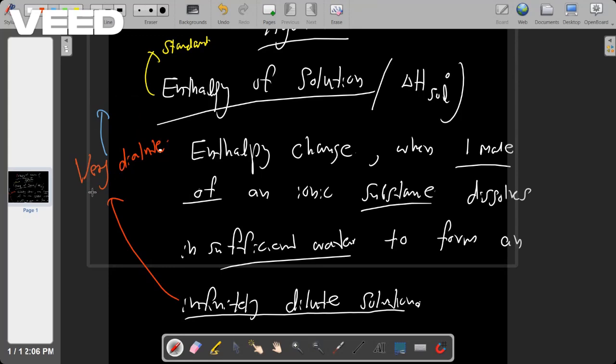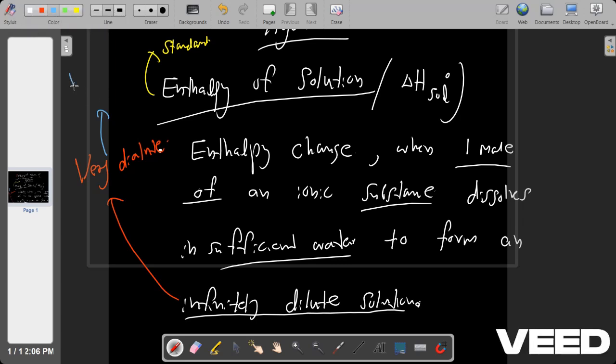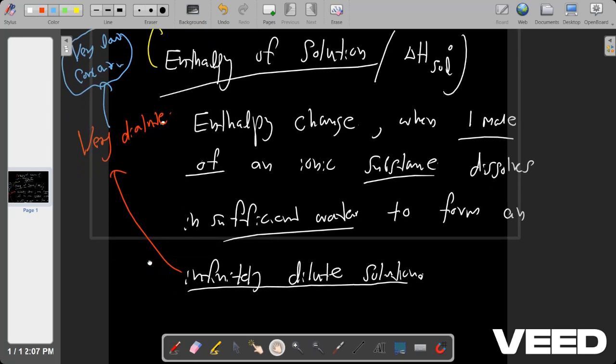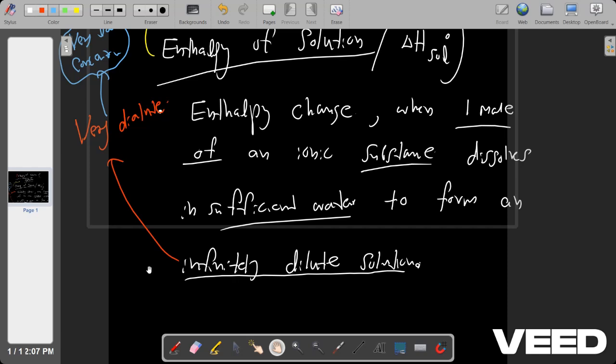Concentration is very, very low. Why does this concentration matter, right? Later you are learning about that in physical chemistry, solubility product constant. We are learning something like that. Why does the concentration matter? In that part you will learn, right?